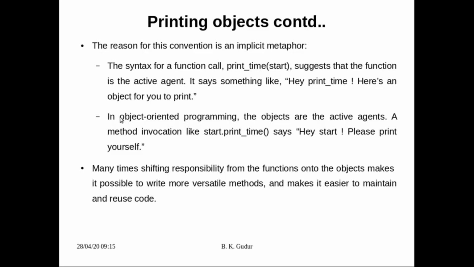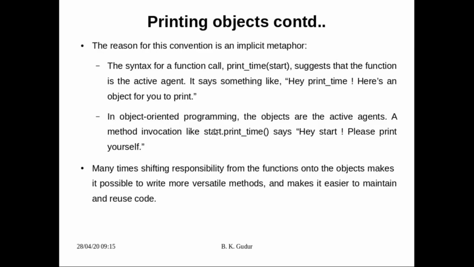Whereas in object oriented programming, the objects are the active agents. A method invocation like start.print_time says, hey start, please print yourself. This means we are telling start itself to print itself. Look at this here: in print_time(start), the function is active, whereas here start is active.